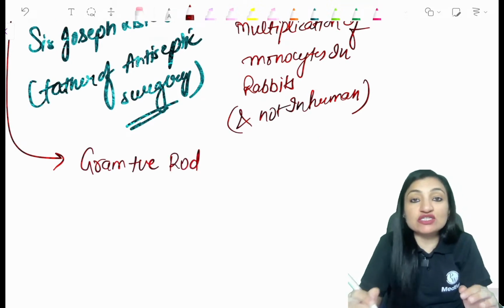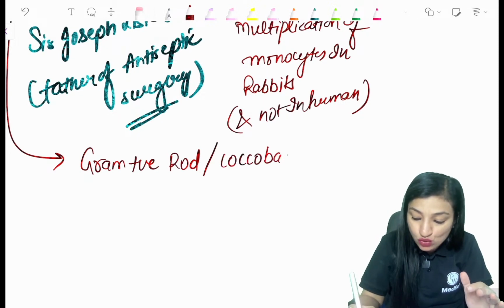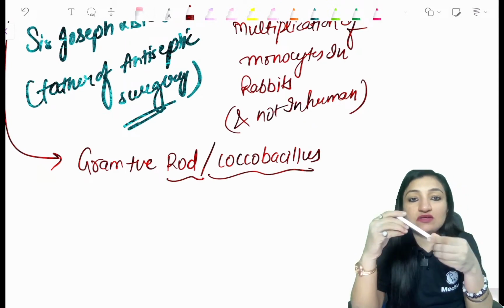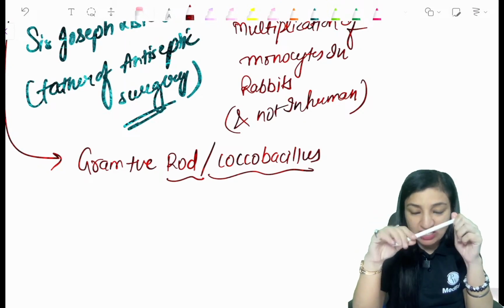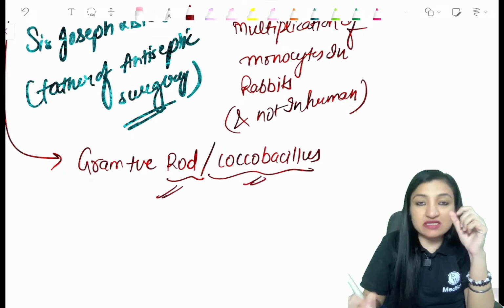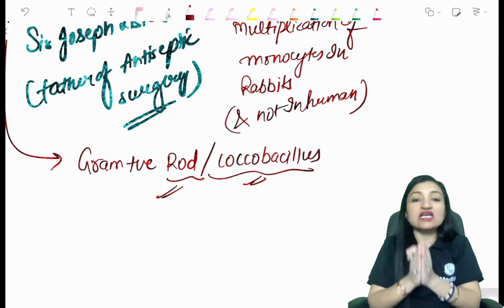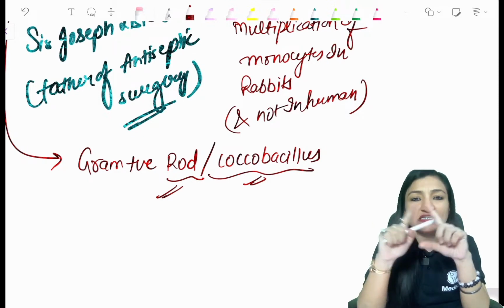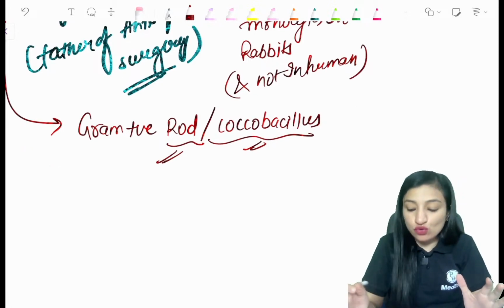Some books have mentioned it as a rod, and some as a cocobacillus. A rod is a perfectly cylindrical organism, and a cocobacillus is an organism which is neither perfectly spherical like a coccus, nor perfectly rectangular like a rod. That is the meaning of cocobacillus.